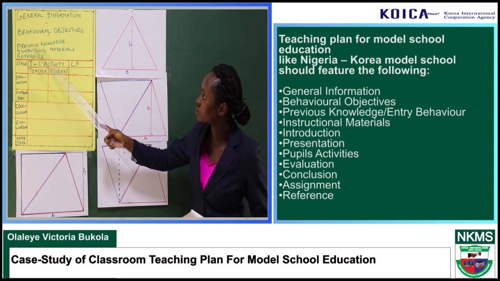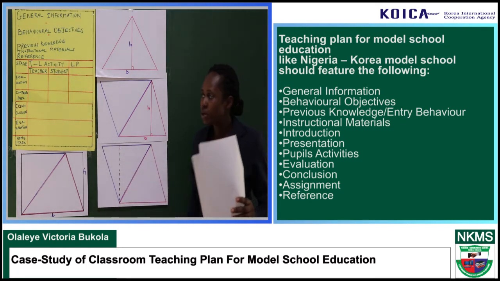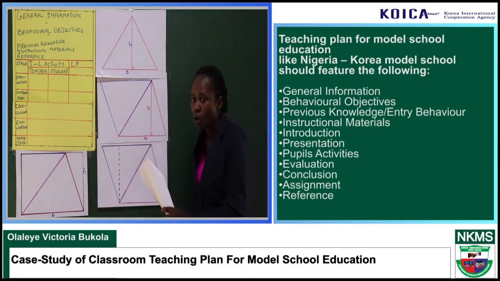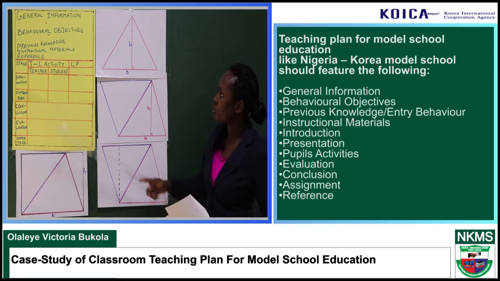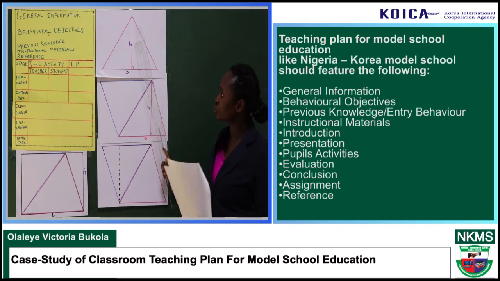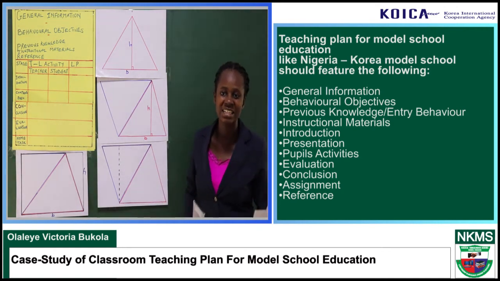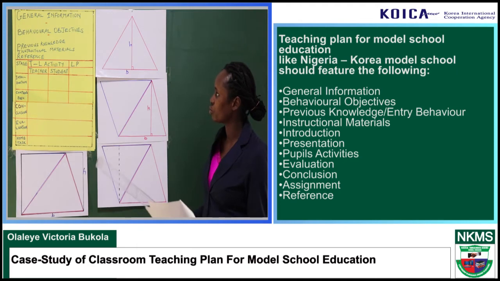And also the previous knowledge here. The previous knowledge here should be what the pupils are familiar with or what they've learned. And when we talk of instructional materials, all those pasted on the board here can be an instructional material, or all other materials that will aid our teaching in our classroom.